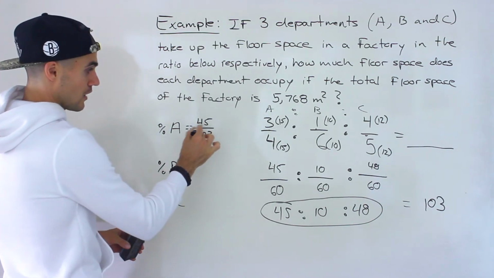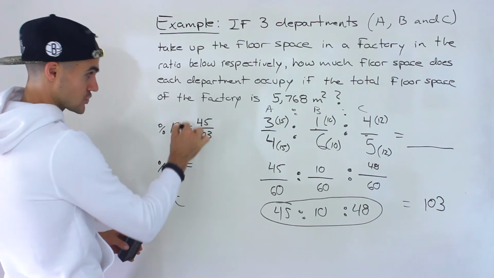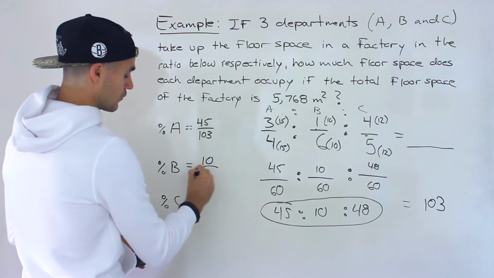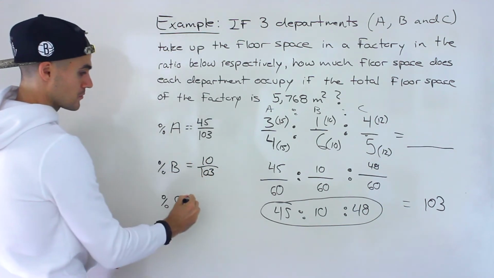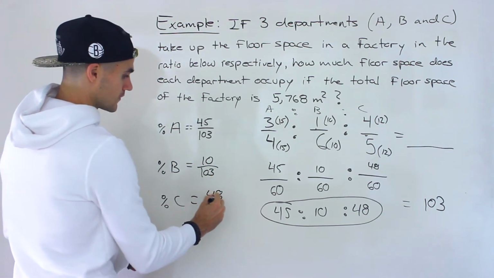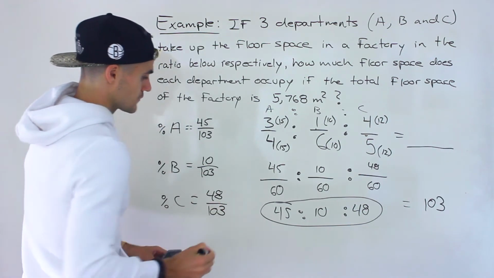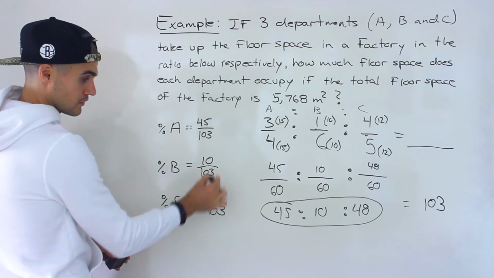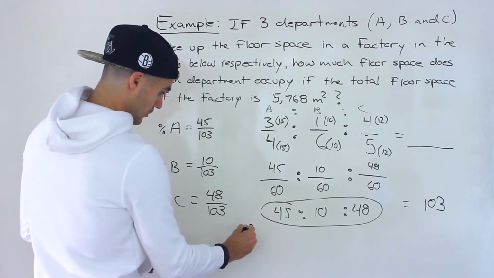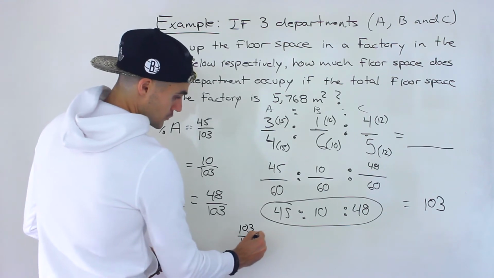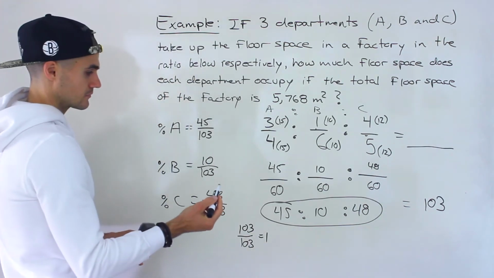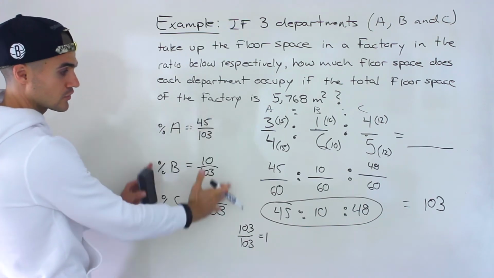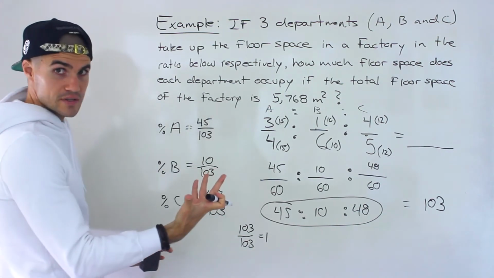So 45 of 103, that's the fraction of the floor space that department A takes up. 10 over 103 is for department B, and then 48 over 103 is for department C. And then notice that when you add all of these up, you'd end up with 103 over 103, which would be 1 or 100%, right? So that makes sense. These fractions that you get over here should always add up to 1 or 100%.